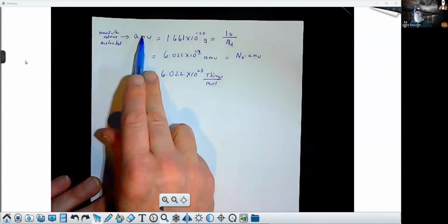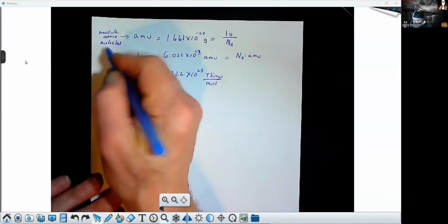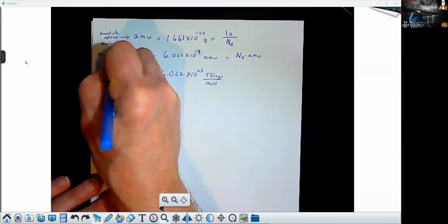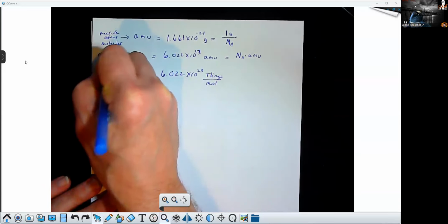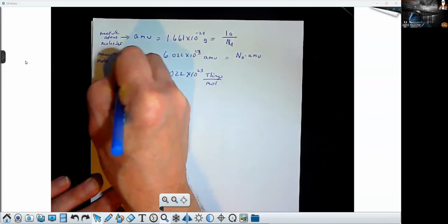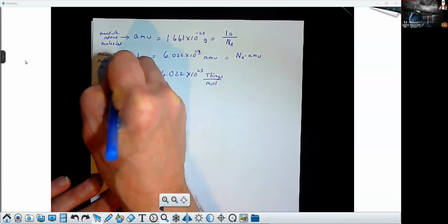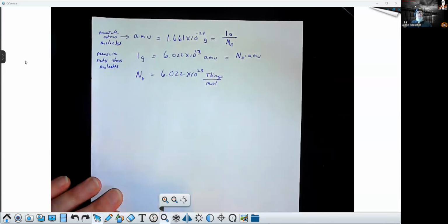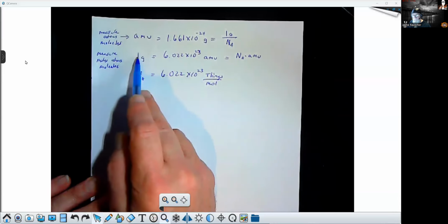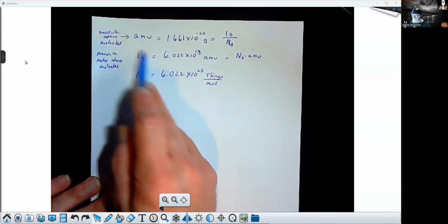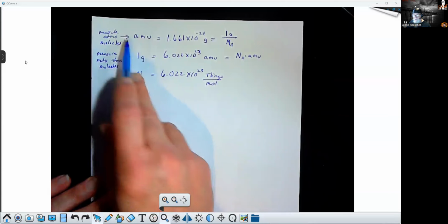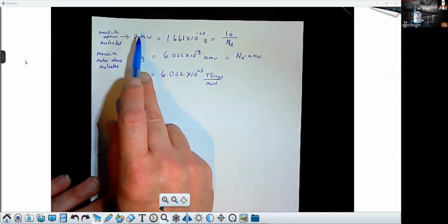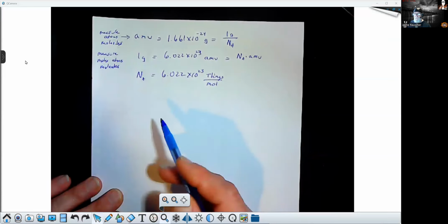We use the gram to measure moles of atoms or molecules. So when we're measuring moles of atoms or molecules or formula units or whatever, we usually measure in grams. When we're measuring just one single atom or molecule, we'll use AMU, right? So that's the difference between those two.